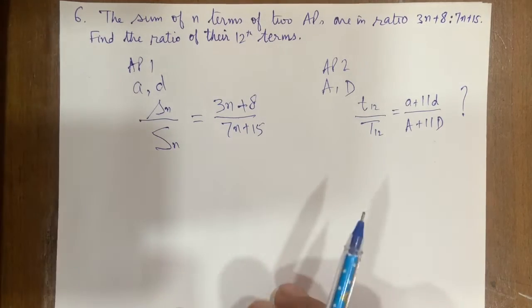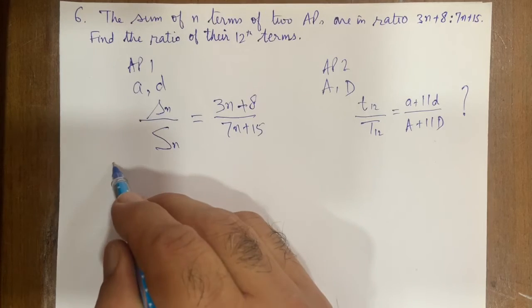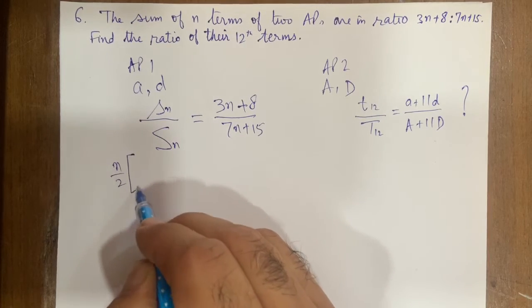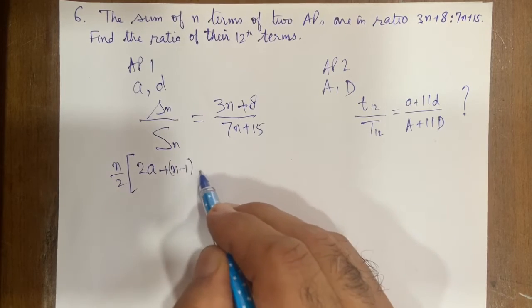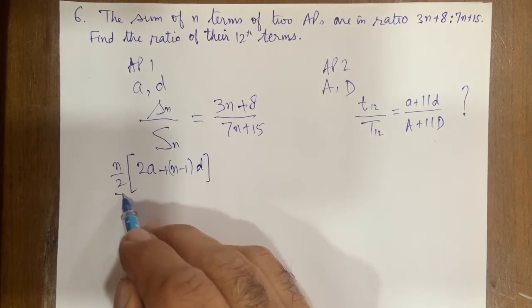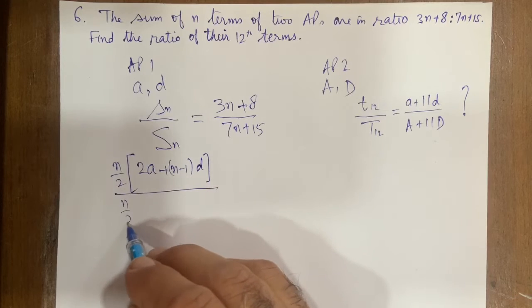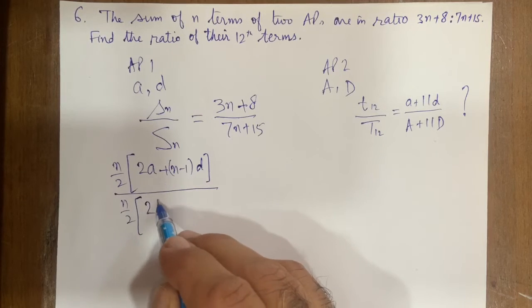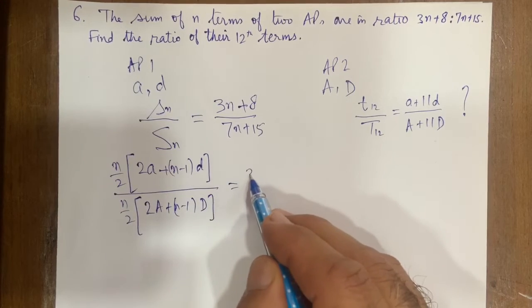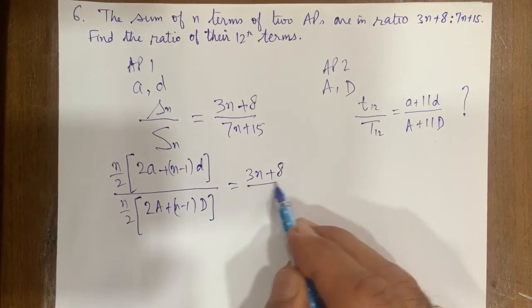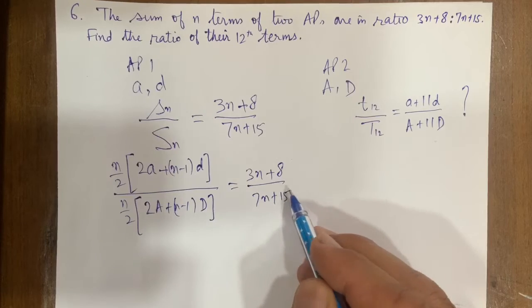Now sum of n terms, this is n by 2, then 2a plus n minus 1 into d, and capital Sn, that's n by 2, 2 capital A plus n minus 1 into capital D. This is 3n plus 8 upon 7n plus 15.